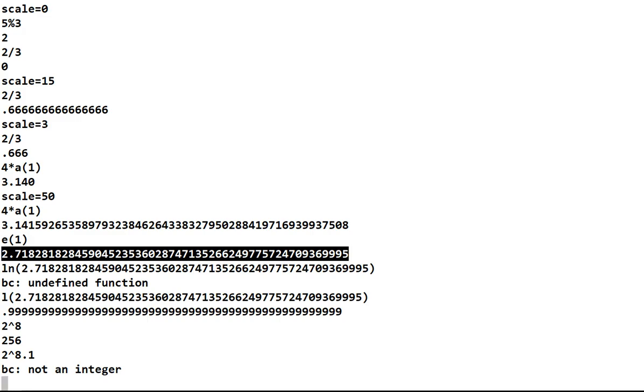BC only comes with a few math functions. Anything else, you're going to have to implement it yourself. BC comes with sine, cosine, arctangent, log, exponential, and it comes with a Bessel function as well. I've never even seen the Bessel function, so I don't know how to work with it.